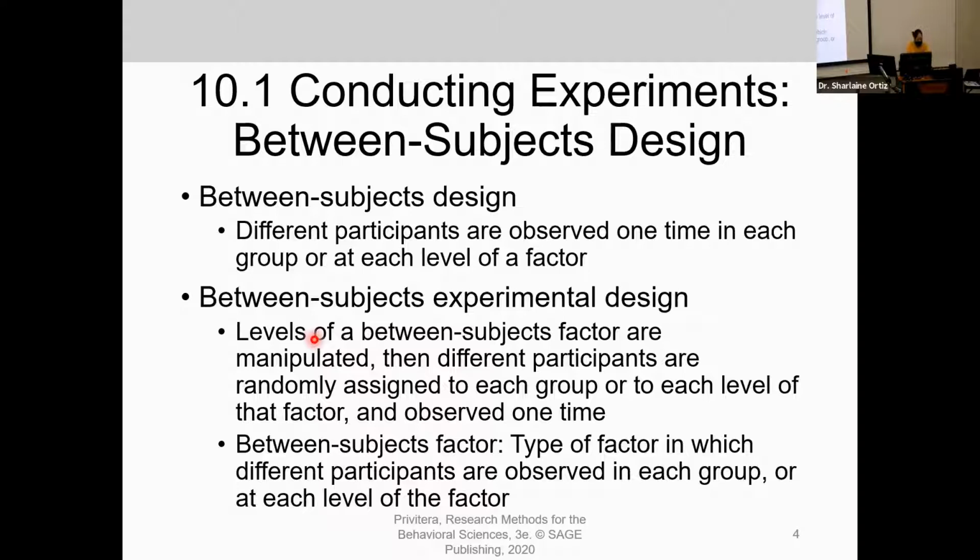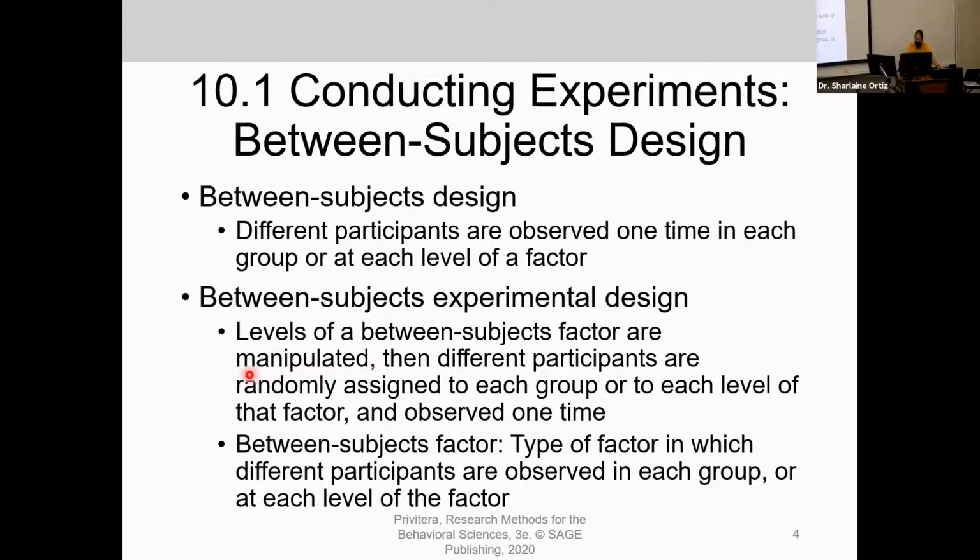Now, notice that in regards to the between subjects experimental design, once we start utilizing the term experimental, we're starting to move into different sets of requirements. The first requirement, if you recall from an experimental design, is that it indeed needs to be manipulated.